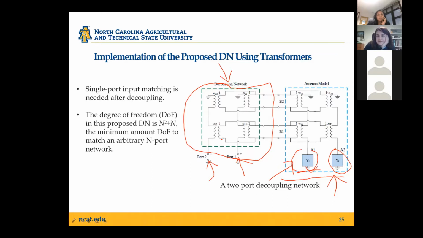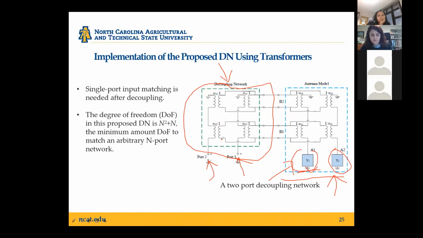Yes, I have a question. When we are considering the transfer function of any network in circuit theory, it can be represented in many forms. You can represent it in the form of a transformer, or in the form of an LC network or RLC network. So is it the only solution, or are there other solutions which can get rid of the transformer and use a more simplified network which can be implemented as a planar network as well?